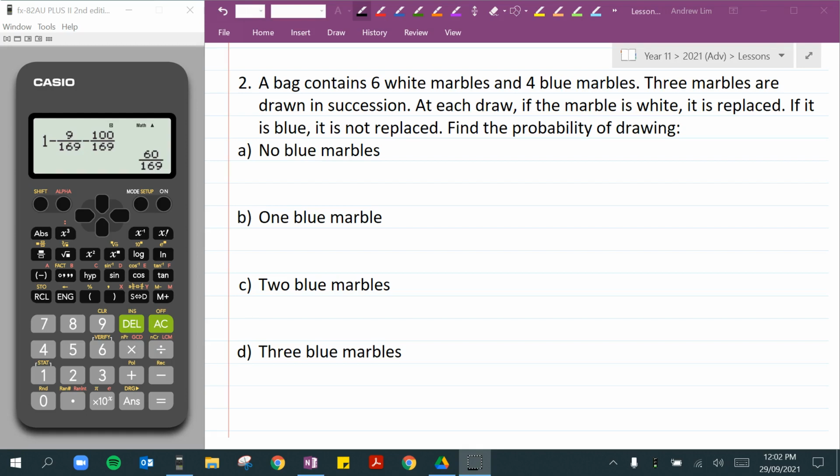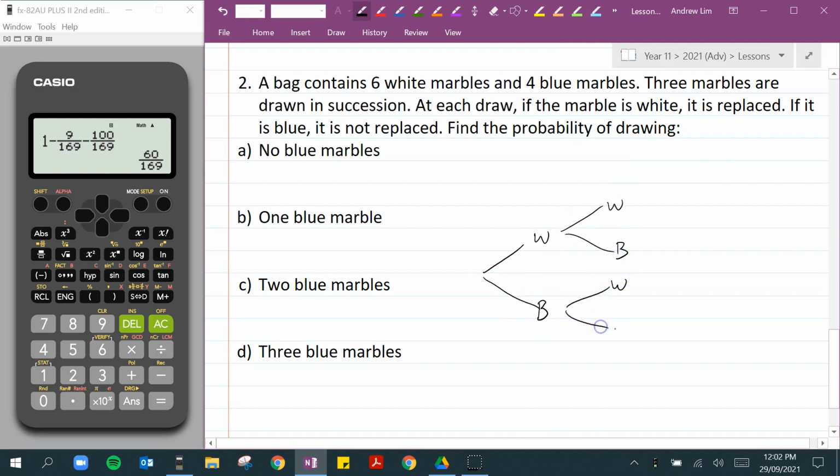Right, so we're going to either get a white or a blue. A white or a blue. And I might actually fill these probability edges out first as we're going through it.